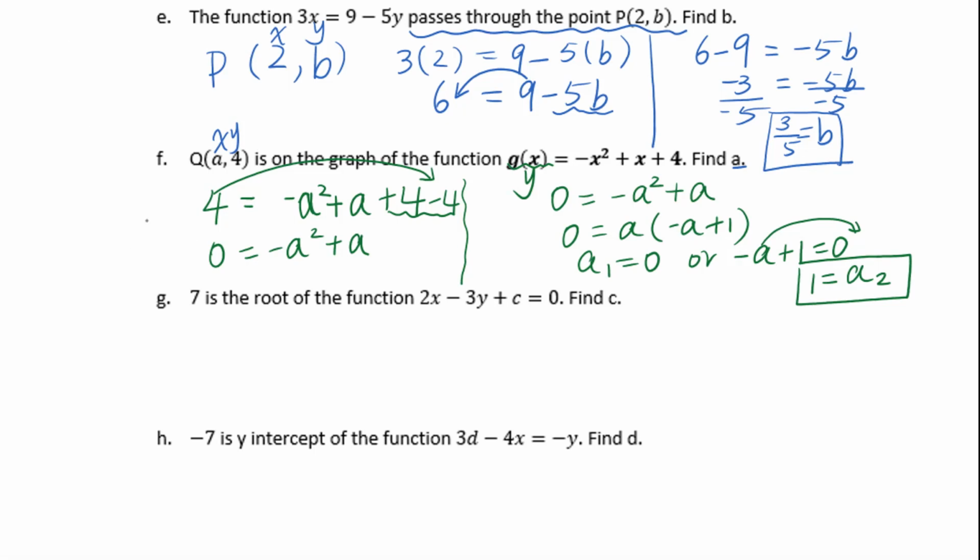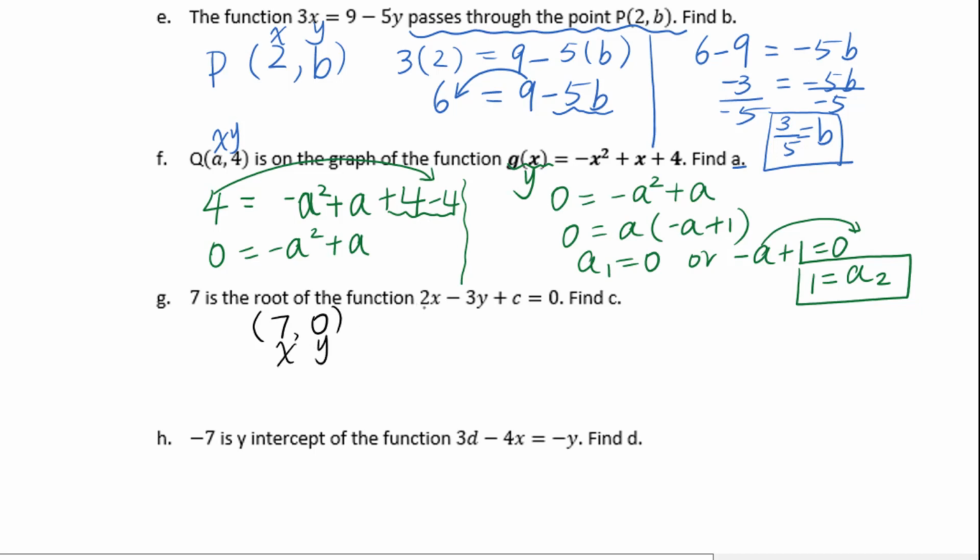For G, 7 is the root of the function 2x minus 3y plus c equals 0. Find c. 7 is the root. The coordinate will be (7, 0). This is x, this is y.